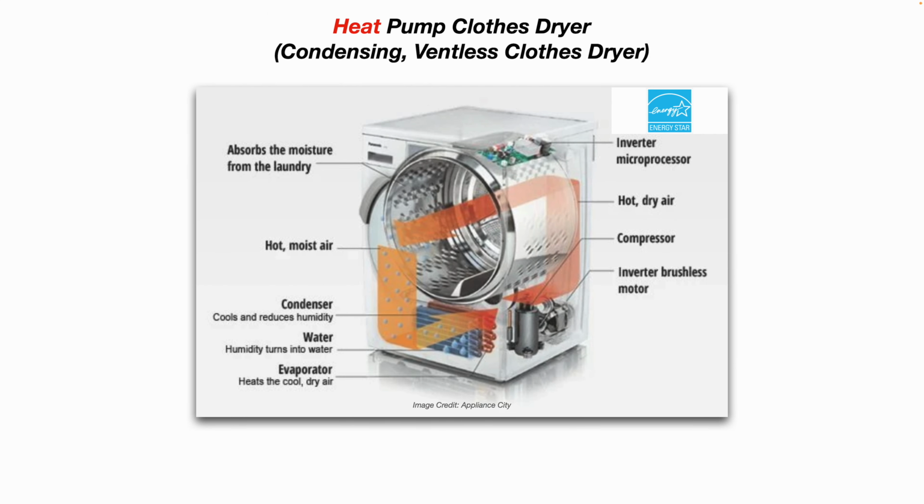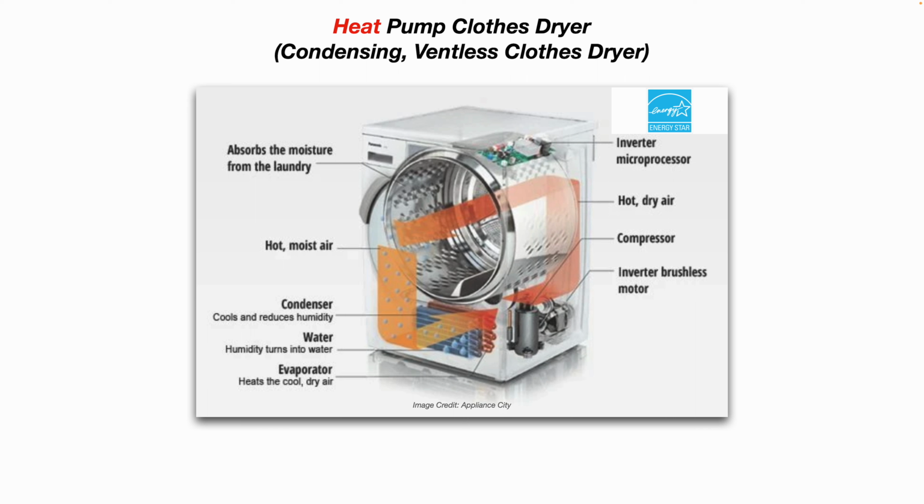So now we move on to heat pump clothes dryers, sometimes called condensing dryers or ventless dryers. A lot of these are Energy Star approved, and again, sometimes there's rebates for these. Basically, the way these work is as a drum rotates around, the moist air in your clothes flows through the condenser, and the humidity or moisture is captured and removed, and it's collected usually in a condensate drain pan underneath.